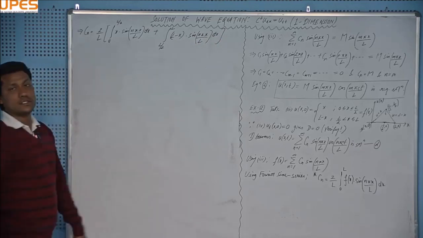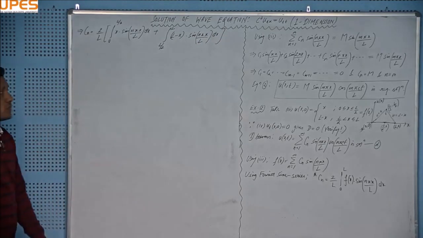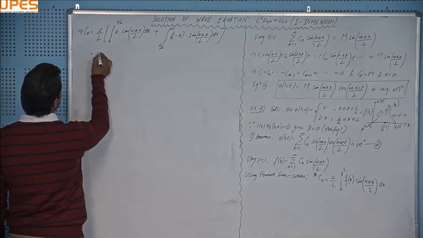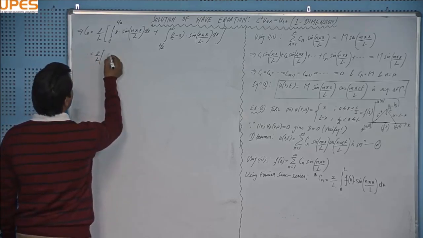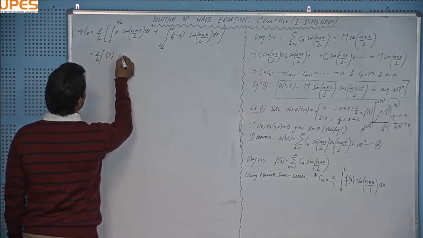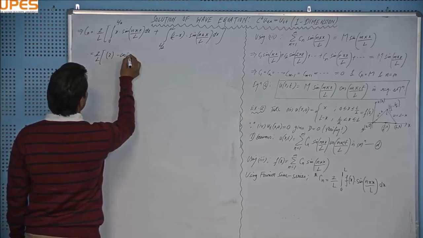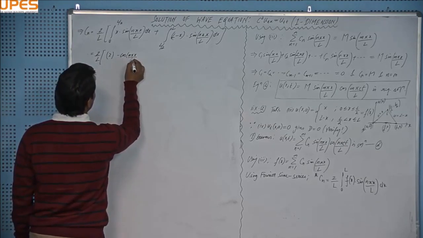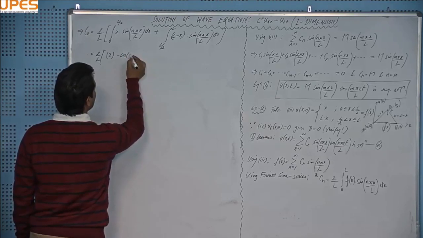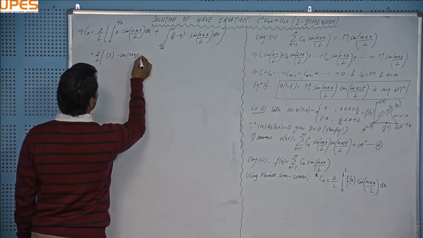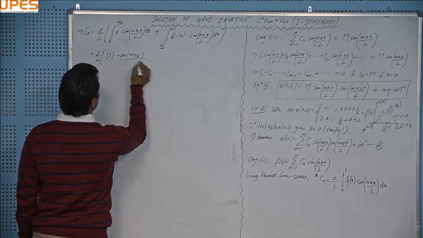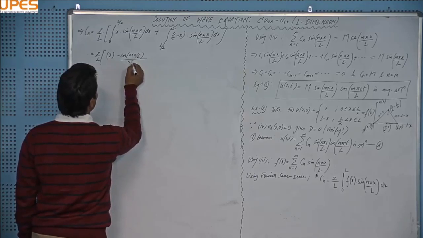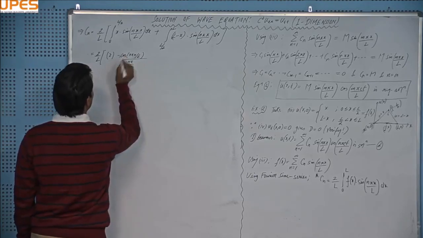Now you have to apply the integration by parts rule or shortcut formula, and that will give me 2 by L, x, and integration of this will be minus cos n pi x over L over n pi upon L, right?